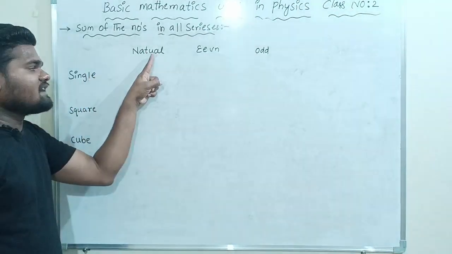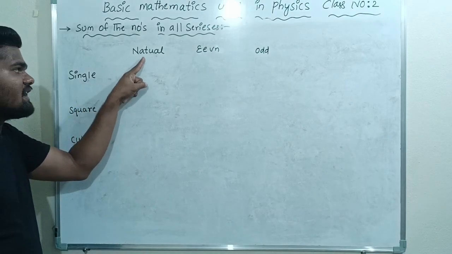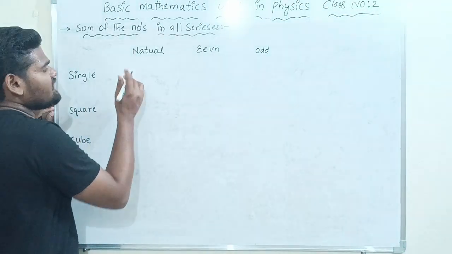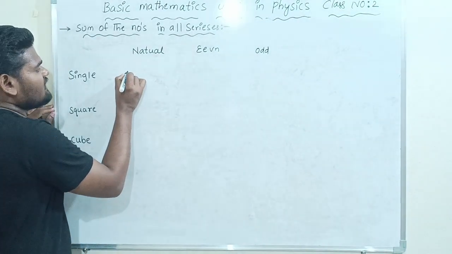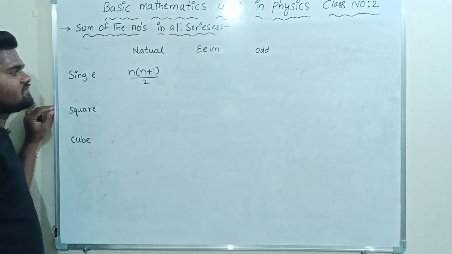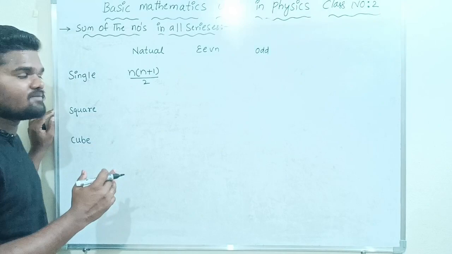So if the numbers are natural and are single, then the sum of the series is given by n into n plus 1 divided by 2. Okay, I will explain how to write the series formulas for this.